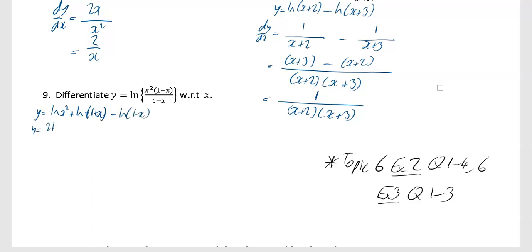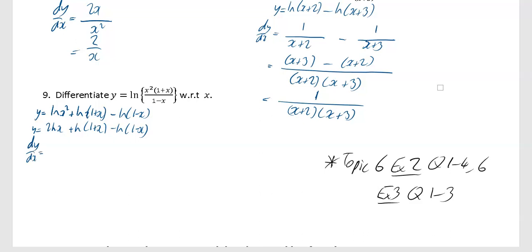That's just going to be 2 ln of x plus ln of 1 plus x minus ln of 1 minus x. So when I did this first time, I split it up as ln of x squared plus ln of 1 plus x, and then minus ln of the denominator. But slightly easier, maybe, is splitting it up into 3 simpler ln functions. They're just slightly easier to differentiate. It doesn't make a big difference really, but you can try it the other way and see how you get on.